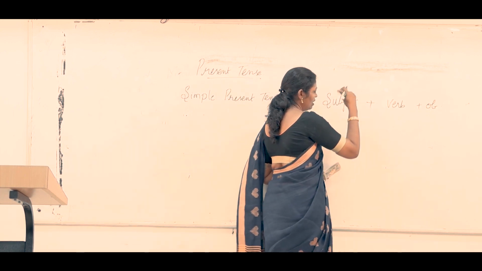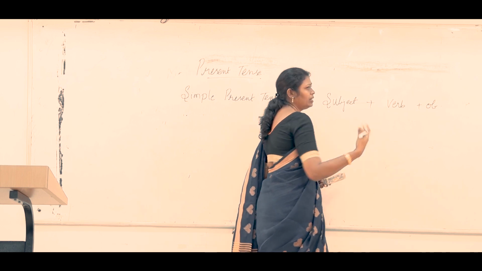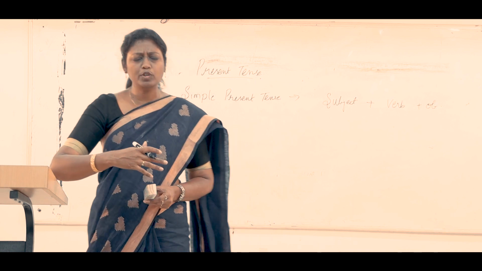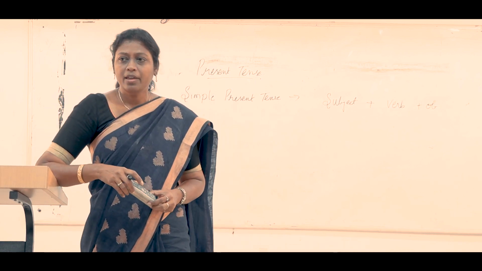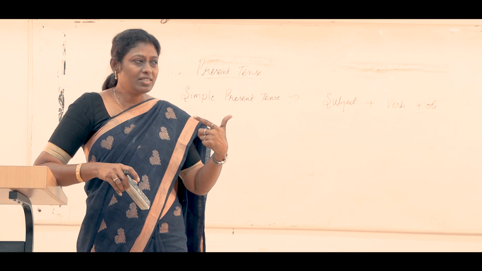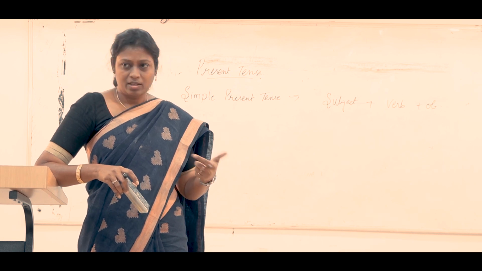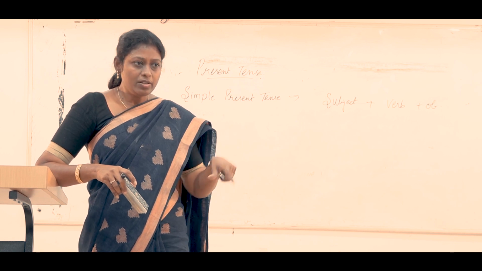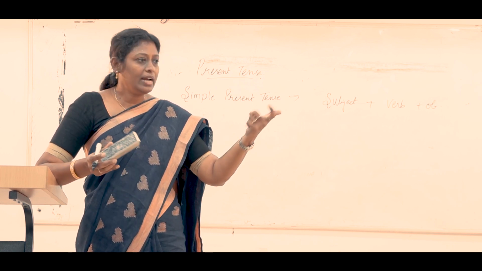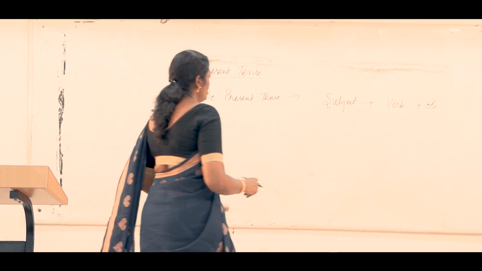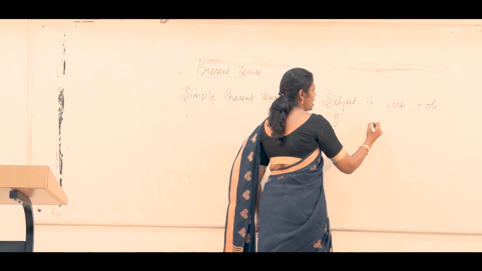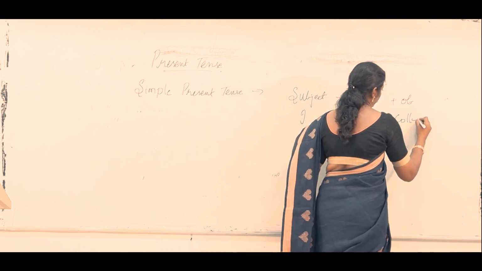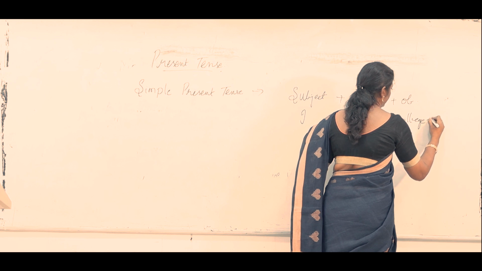Whenever we talk about examples, guys, you don't have to search for examples. Just think about what your mother does every day, or what you do every day. Start from your family, then you get n number of examples. So I can say, I go to college every day.